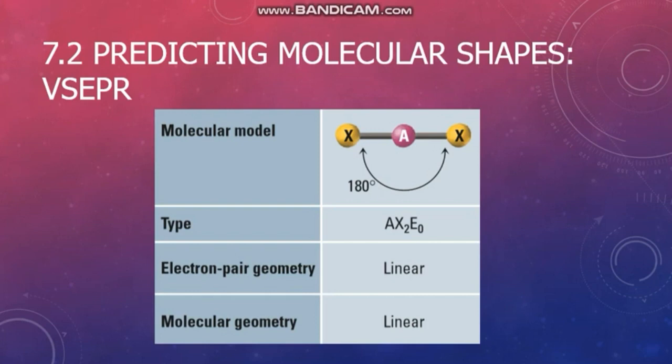This means that we have the central atom A, two terminal atoms X, and zero electron lone pairs. So we do not have any lone pairs around the central atom.